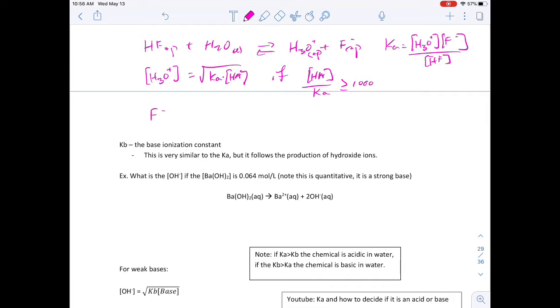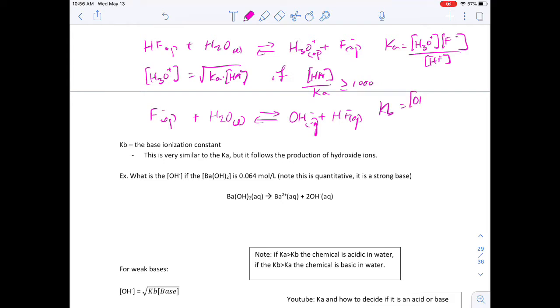So if we had fluoride ion, water will react with it to make hydroxide ion and hydrogen fluoride. And this is our Kb.